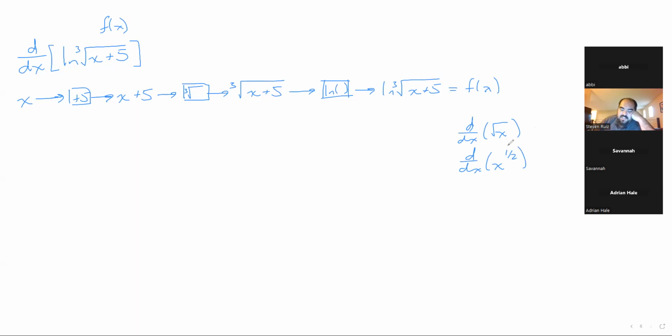That lets us use the power rule. We don't have a separate rule for the square root; we use the power rule to handle roots.